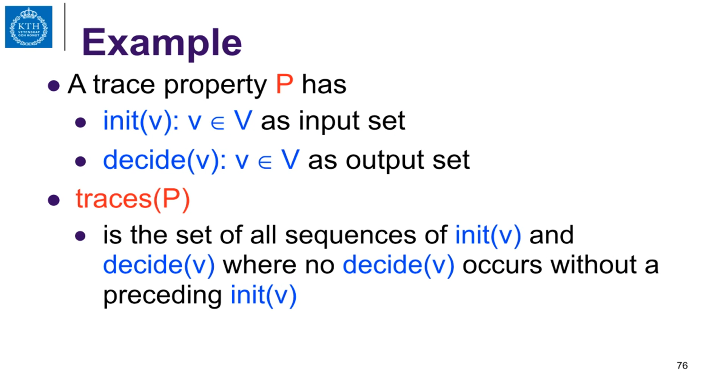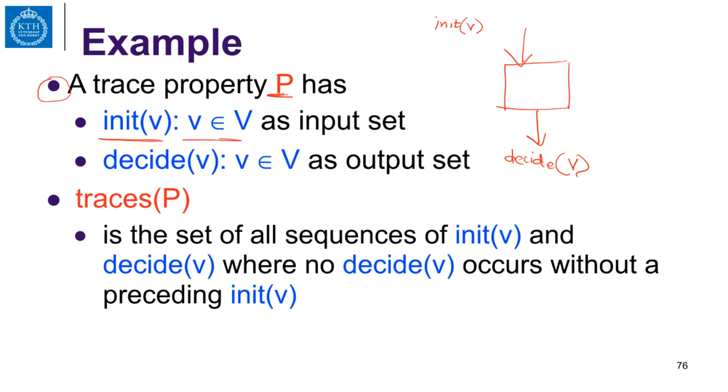So here is an example of a trace property P that is a safety property. We know this from this lecture. We have the set of init(v) from a fixed set V. This is the input event or action. And we have decide(v) as the output set.